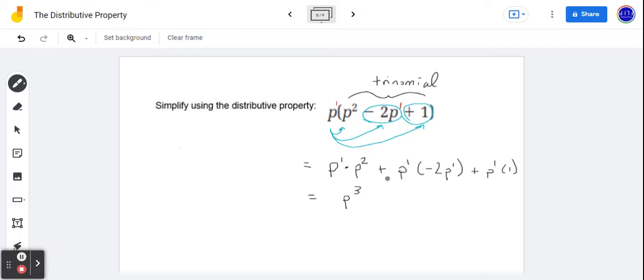This term here, instead of adding a negative, we're just going to subtract. So we'll subtract 2 and then p to the 1. Let me just use a different color to highlight this. p to the 1 multiplied by p to the 1 over here is going to give us p squared. So that would be minus 2p to the power of 2, and then p times 1 is just the variable p. And there you have it.